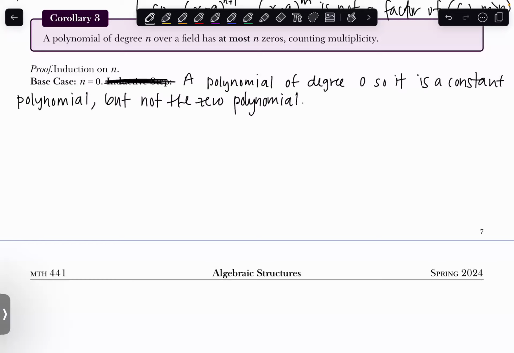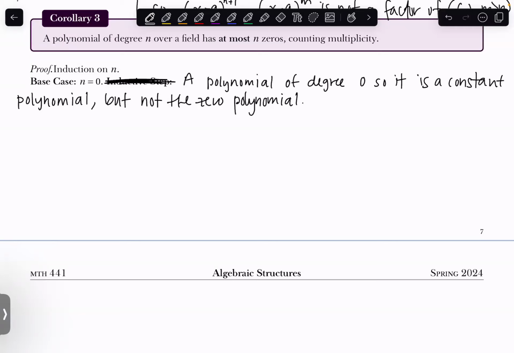What happens when I plug in my values into these polynomials? What do I get back out? That same constant every single time. And because the constant itself is not zero, I'm never going to get zero back out. So for these constant polynomials that are not the zero polynomial, I have no zeros, no roots, which is exactly the degree that I have here. So I do have at most zero zeros because I have exactly zero.